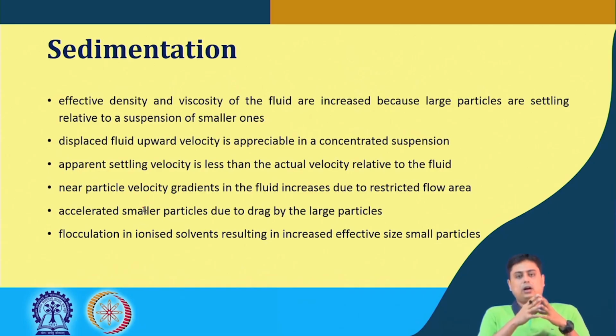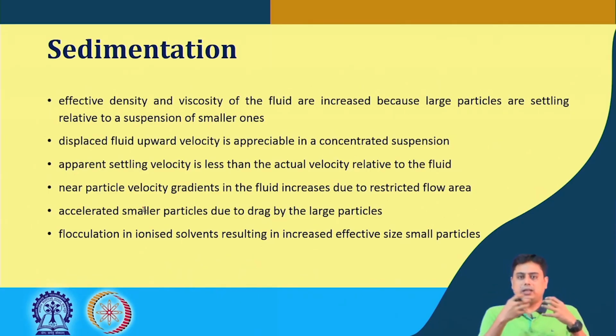The other reason for this gradient along the position, that the concentration varies through the position in a certain zone, is that the near wall particle velocity gradient, that is the velocity gradient in the fluid around the particle, increases due to the restricted flow area in the concentrated suspension.